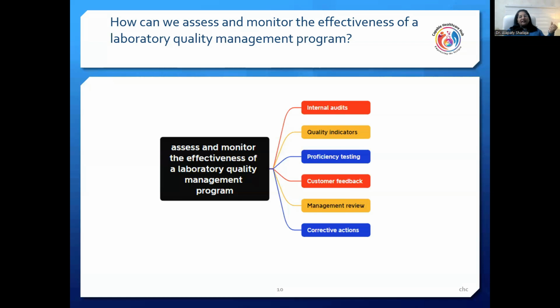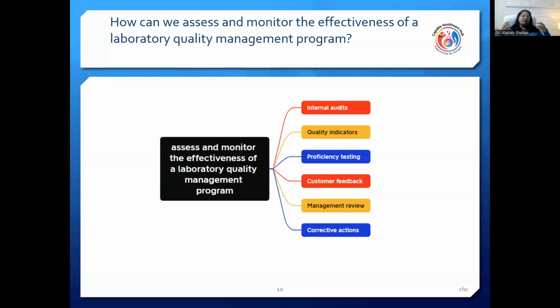Then, corrective actions. How you approach an incident, how you get to the bottom of it, how you put it back on track, how you monitor whether it is still recurring, and how you prevent it from occurring again.